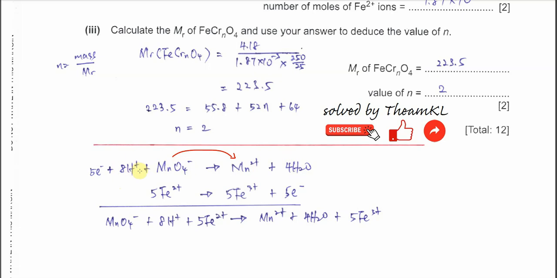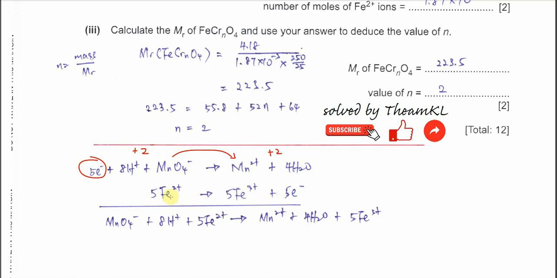At the end, when all the elements are balanced, we need to balance the charge. On the right hand side it is positive 2, we need to make sure the left hand side is also positive 2. Therefore we need to add 5 electrons here, to make sure the total charge is positive 2. And after that, iron 2 is oxidized to iron 3. This one is easy because there are 5 electrons here, so it needs times 5 for all, right?